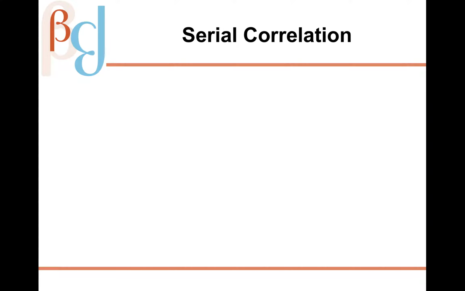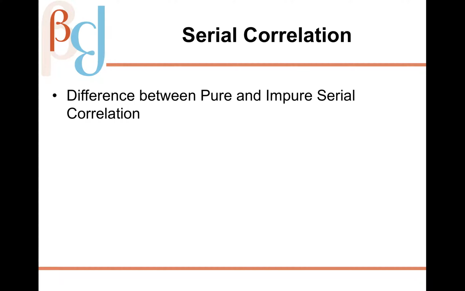That means that the kind of data is not only different, but also the kind of models that we're going to encounter, and also the kind of problems that we're going to be dealing with. So for this chapter, we're going to be looking at the difference between pure and impure serial correlation. Pure serial correlation has everything to do with temporal dynamics in our data.